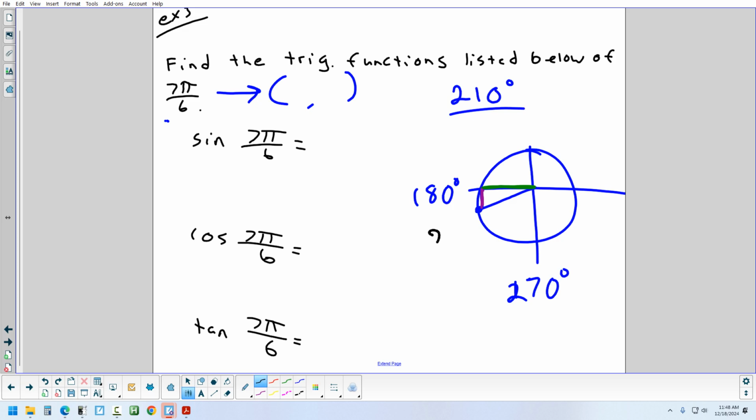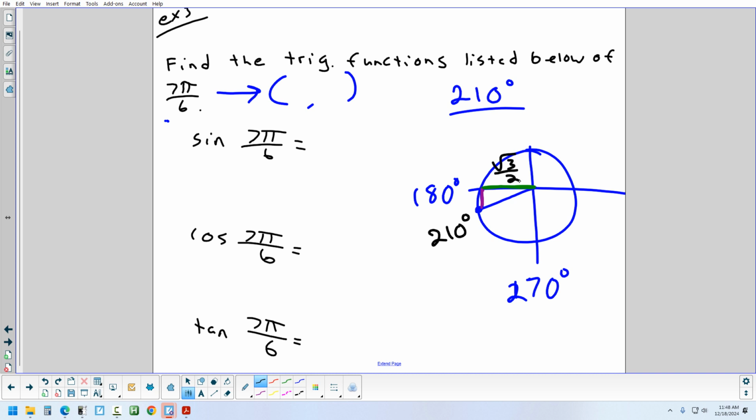So for 210 degrees, what is the length of the long side? For now, just give me the length. Don't worry if it's negative yet. So the long side is root 3 over 2.